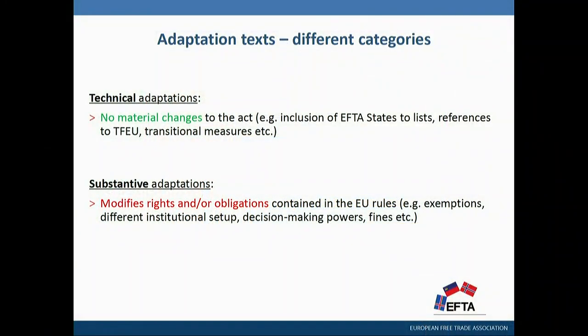Where we have that, we always have to refer to the corresponding article of the EEA agreement, because of course the TFEU does not apply to us directly. And then we have the so-called substantive adaptations. They basically entail a deviation from or adjustment to the system that is laid down in the act that is adapted. Examples of this are so-called institutional issues, typical for the two-pillar structure that has already been mentioned.